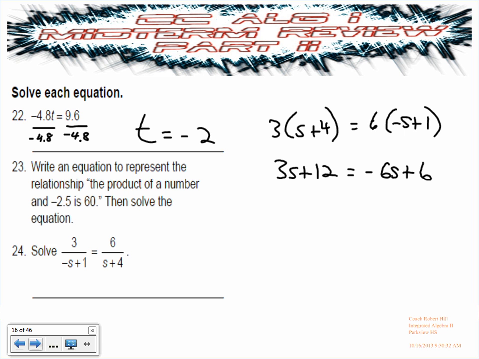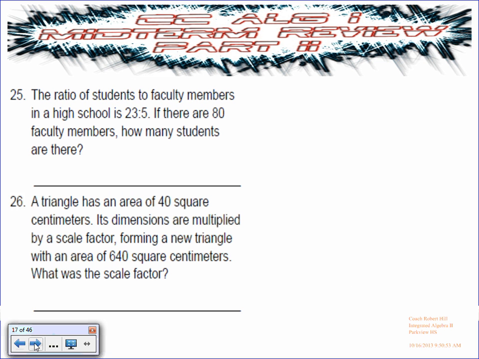So again, guys, I would do this by adding 6s over here and giving me 9s, subtracting 12 over there and getting me negative 6. So what's the next step? Divide by 9, divide by 9, s equals negative 2/3. Or it could just as easily say negative 0.6 repeating.